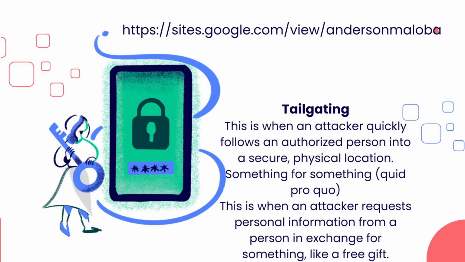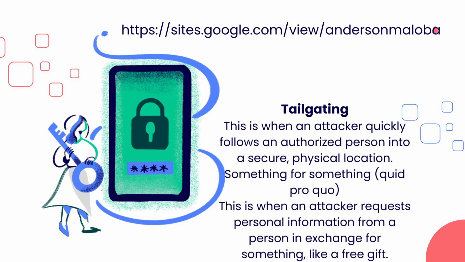Next, we have tailgating. Tailgating is when an attacker quickly follows an authorized person into a secure physical location. It's like following somebody quickly through a secure facility. Of course, he or she has the required credentials to enter the building, but you don't.